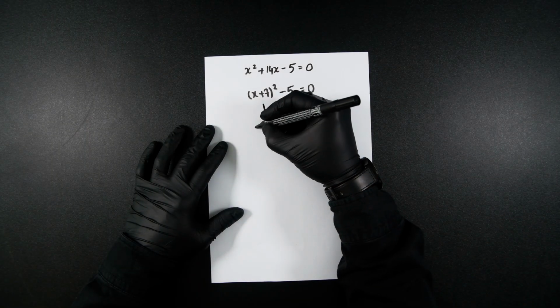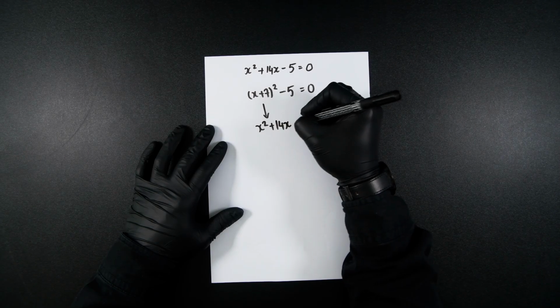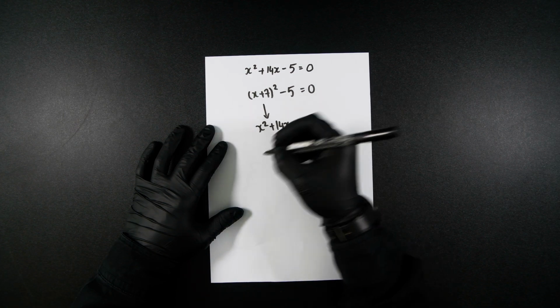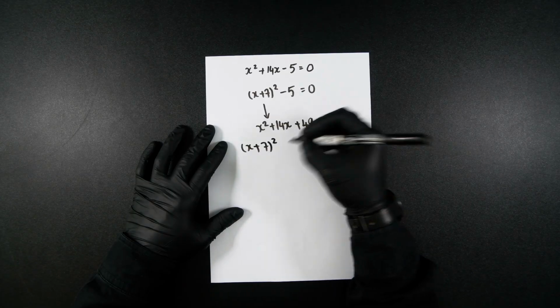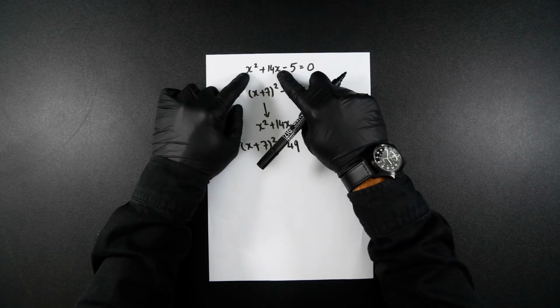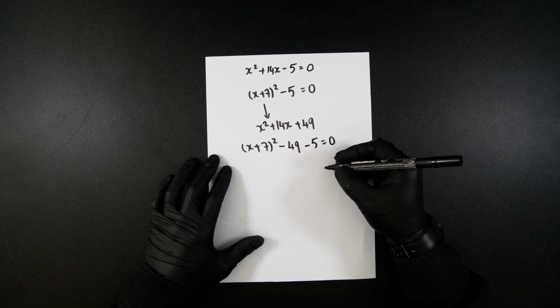So let's expand that. That's going to be x squared plus 14x plus 49. We want to get rid of this 49, so x plus 7 all squared minus 49, that is now the same as that, minus 5 will equal 0.